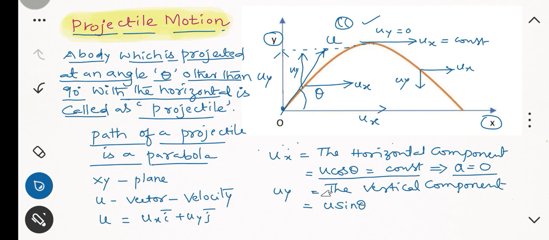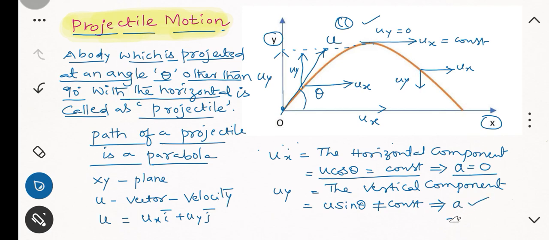Along the vertical direction, uy, that is u sin theta, varies, so there exists a change in the velocity, hence there exists an acceleration.